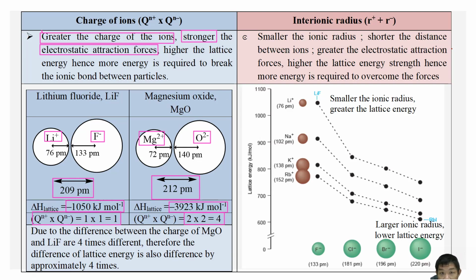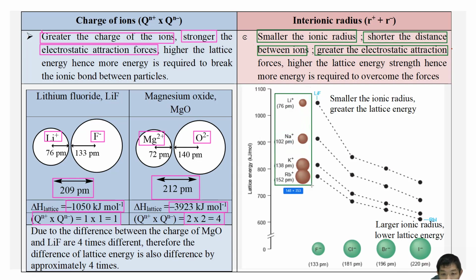Generally, the smaller the inter-ionic radius, the shorter the distance between the nuclei of the two ions, so the greater the electrostatic attraction forces and the higher the lattice energy. As you can see, this is a graph of group 1 ions against group 17 ions.